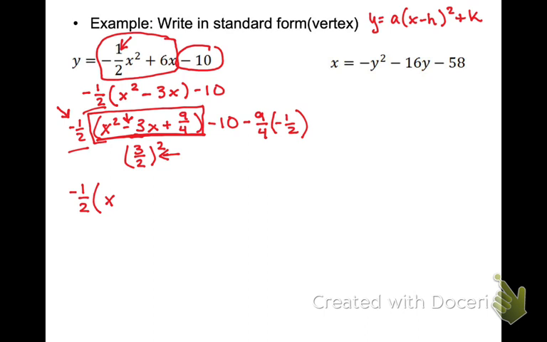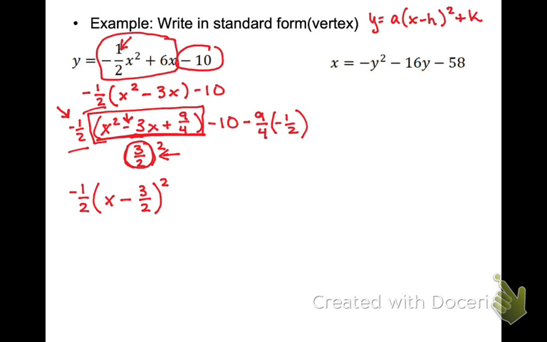So that's negative, so it's going to be negative. And this right here, and then squared. If I factored x squared minus 3x plus 9/4, I would get x minus 3/2 times x minus 3/2.